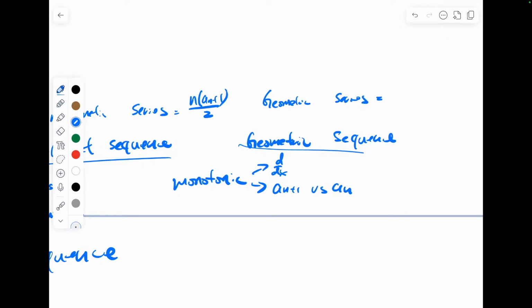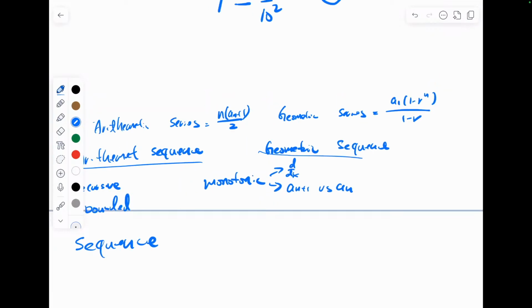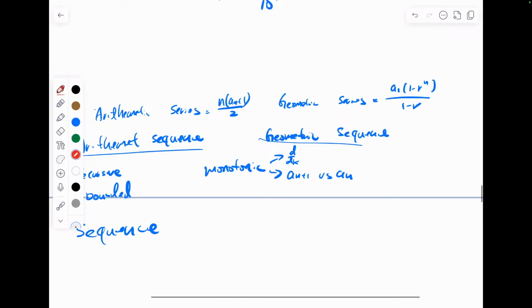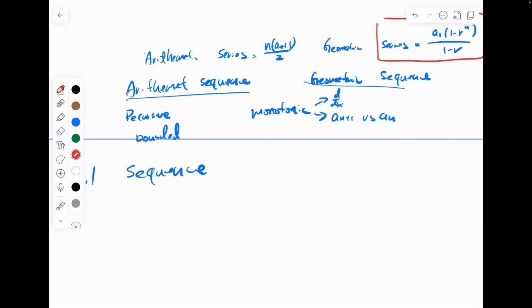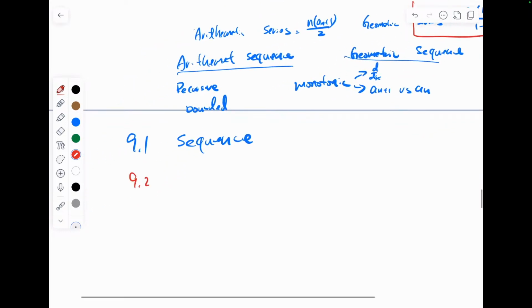Do you remember? Yeah, so we're gonna talk about this one in particular. We're gonna spend some time on this, and lead to the geometric series, because I didn't prove to you where the geometric series comes from, but I do want to show you where it comes from. So then in 9.2 we start talking about series.